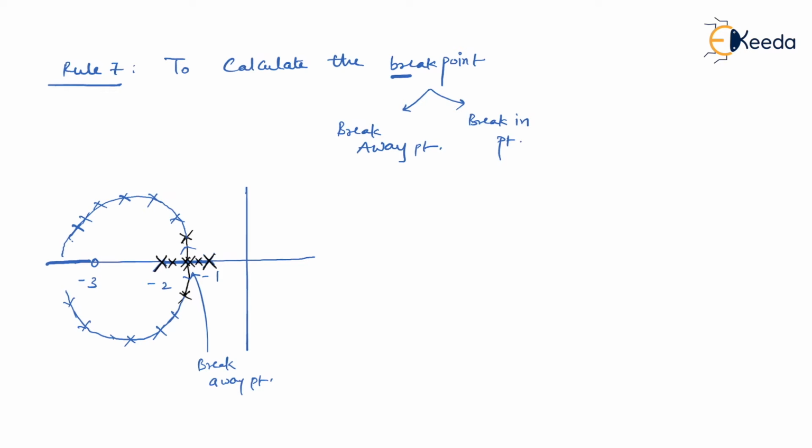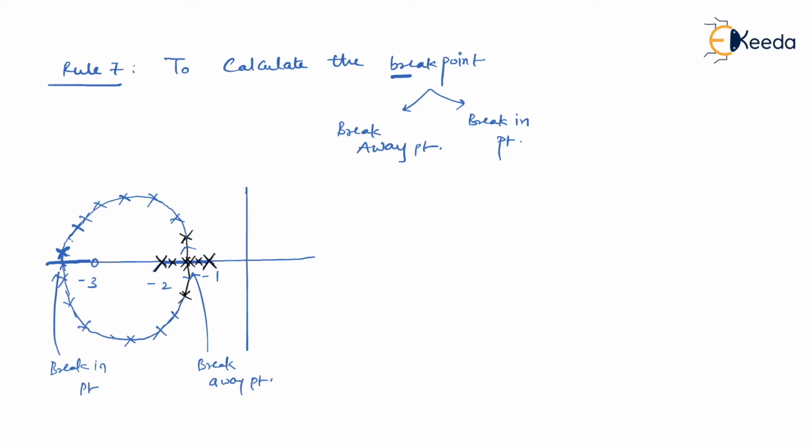As you can see now, at a particular point these poles enter into the real axis. Previously it was leaving the real axis, now it is breaking inside the real axis. The point where it is entering the real axis again is also called a break-in point. So this is what we call a break-in point.